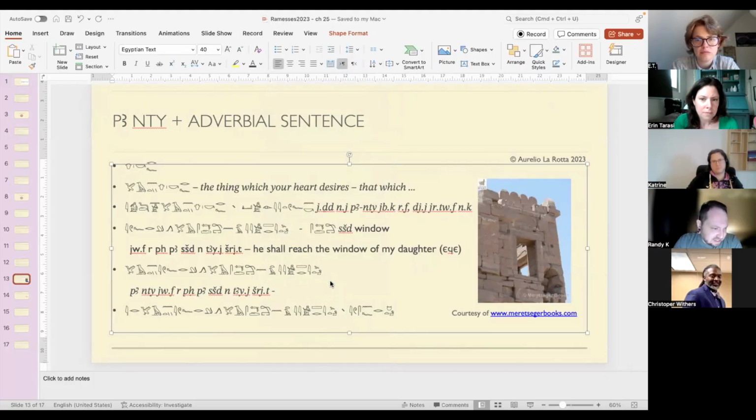So would it be like he who reaches the window of my daughter, something like that? That's exactly what it is. Or if you want to make it a bit closer to the Egyptian construction, you could say the one who.